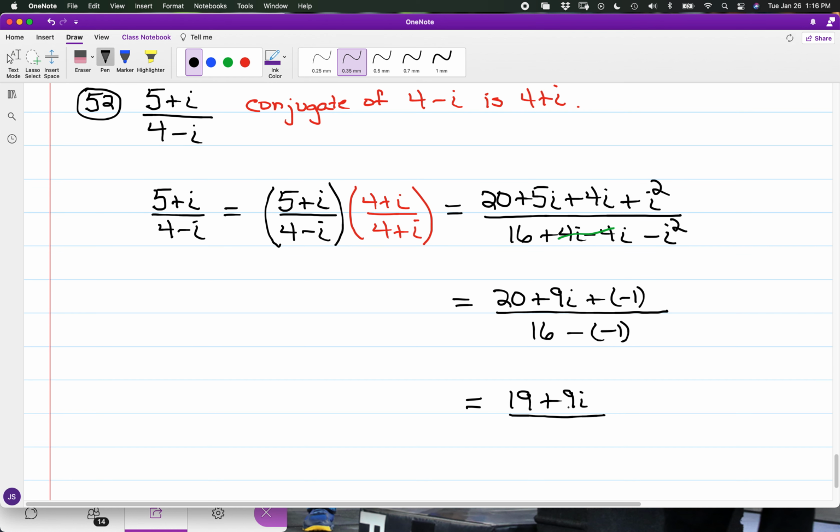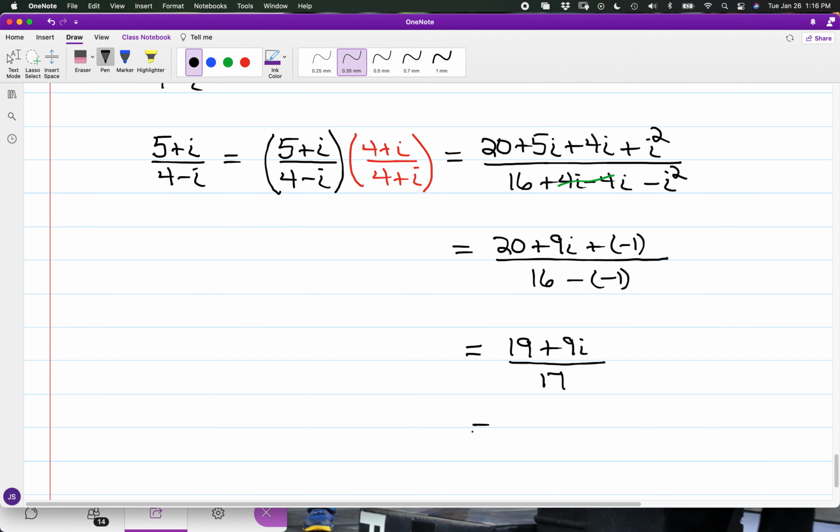And for 16 minus -1, that's going to translate to 16 plus 1, which will be 17. And then in separating this combined ratio, we have 19 over 17 plus 9/17 of i. Both of the fractional coefficients are already in reduced form. So the a plus bi result is 19/17 plus 9/17 of i.